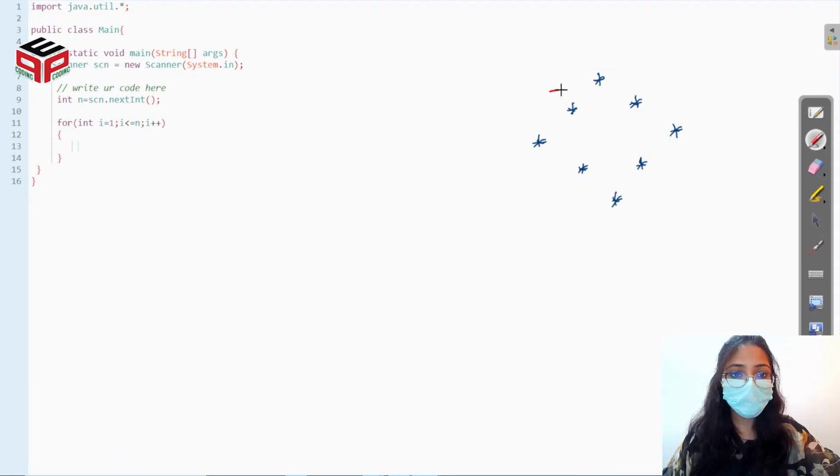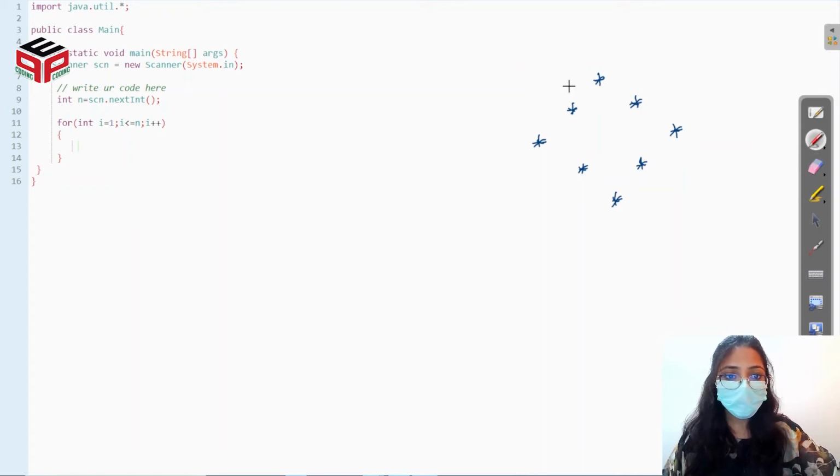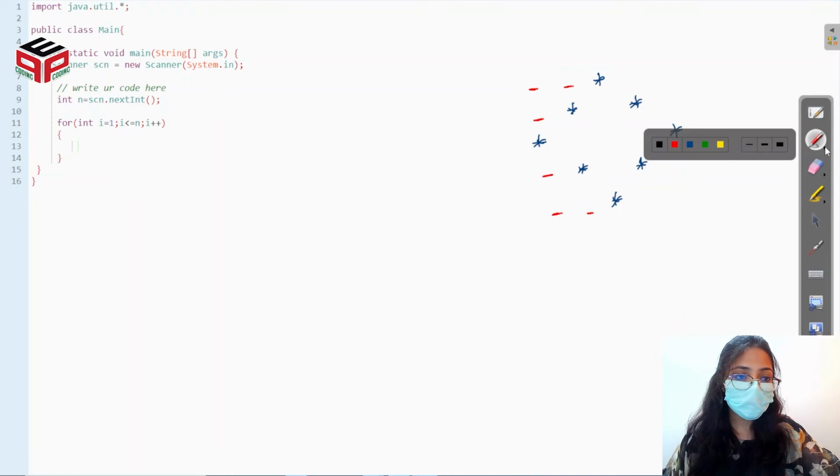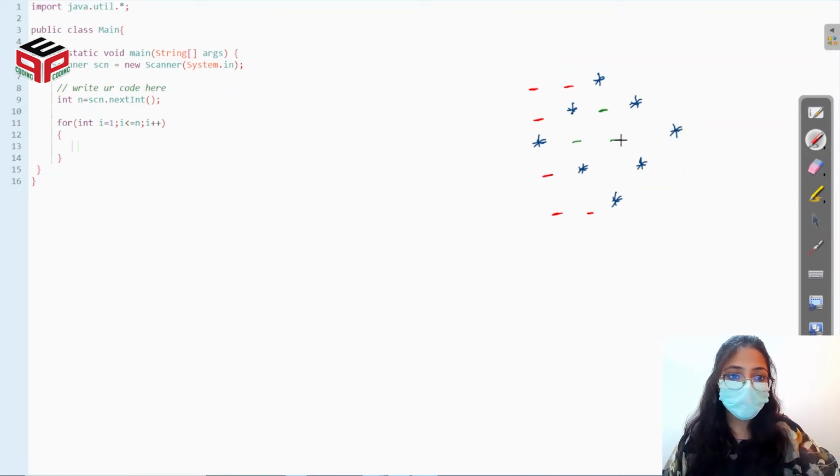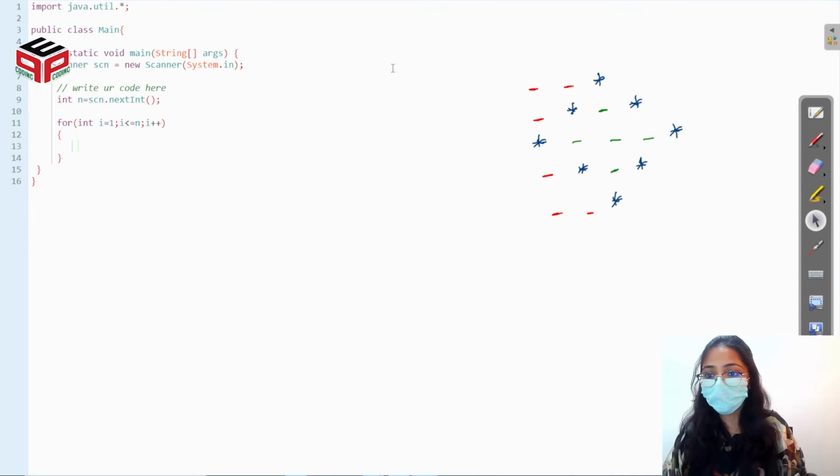The outer spaces will be 2, 1, 0, 1 and 2. And our inner spaces will be 1, then 3, and then 1. Okay, so now we are going to move according to this pattern.